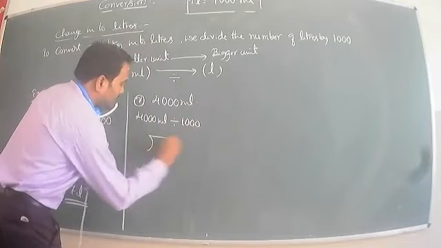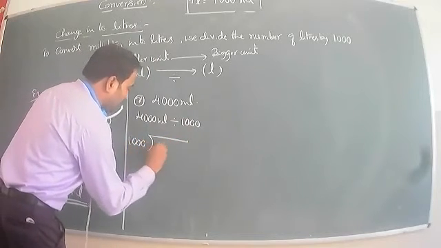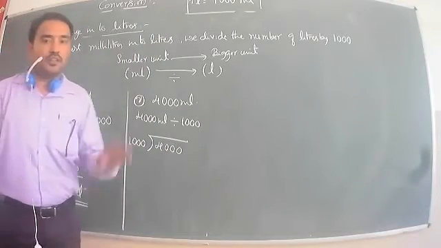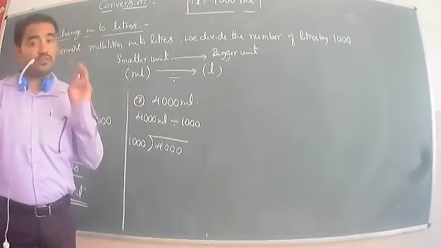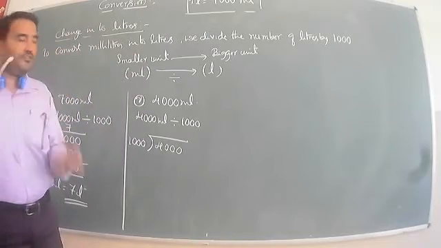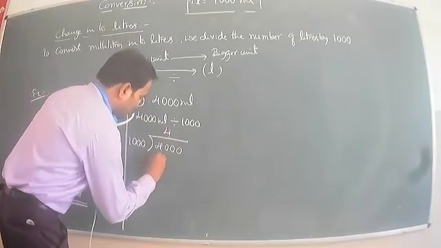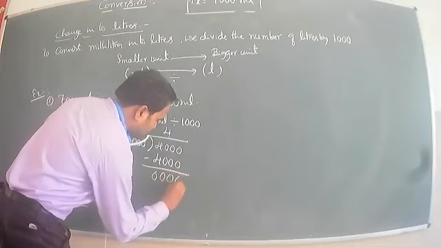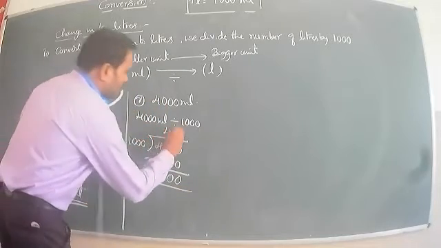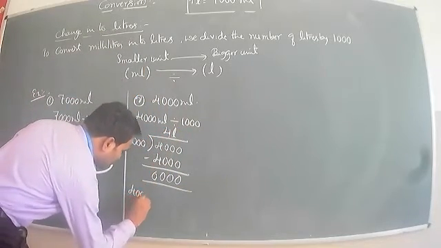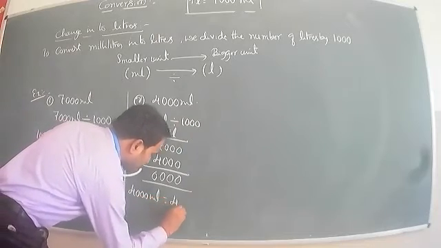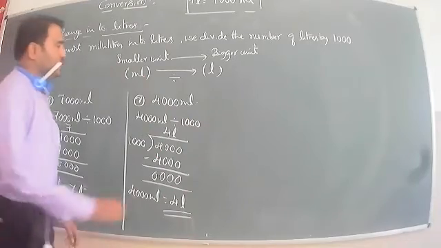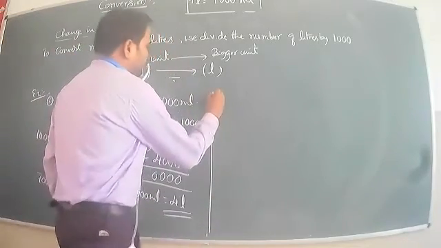The divisor is 1000 and the dividend is 4000. 1000 twos are 2000, 1000 threes are 3000, 1000 fours are 4000. It is completely divided. So what is your answer? 4 liter. So 4000 milliliter is converted to 4 liter. I hope all of you understand. Now I will go for the third question.